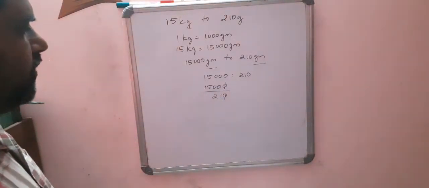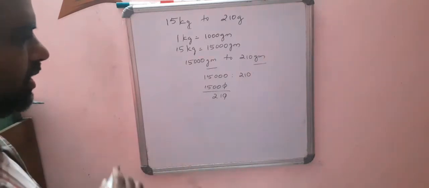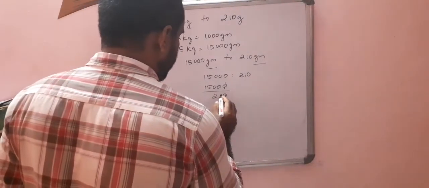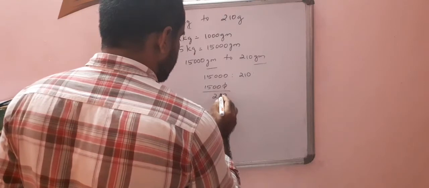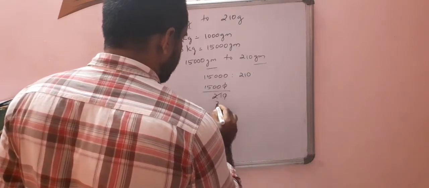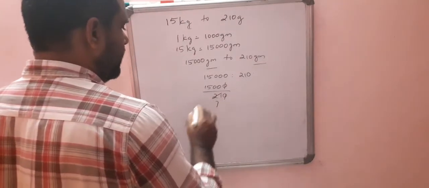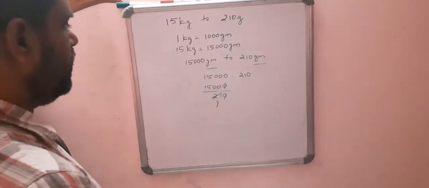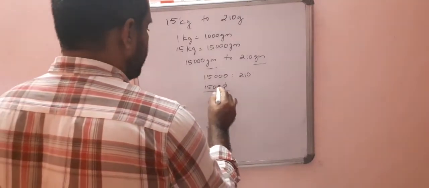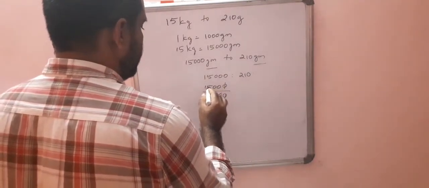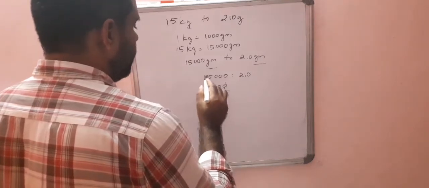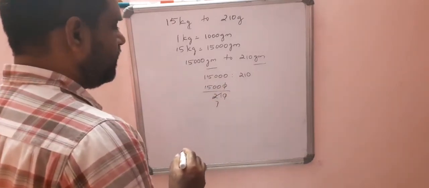So we can divide it by 3, right? When you divide 21 by 3, it becomes 7, because 7 times 3 is 21. Now when you divide 15 by 3, it is 5, because 5 times 3 is 15.